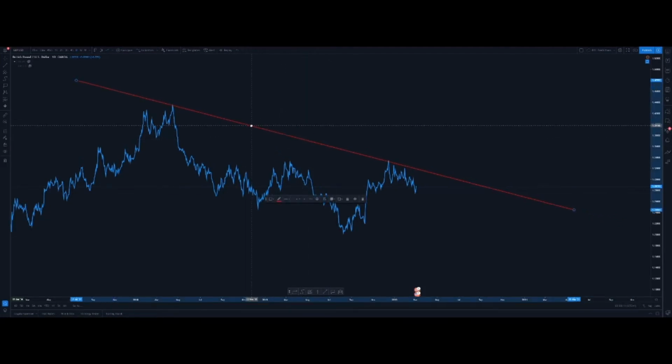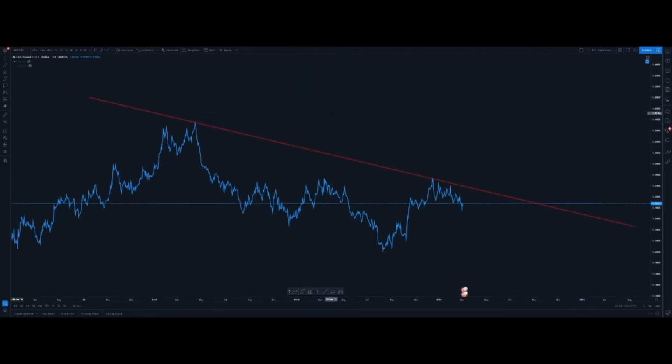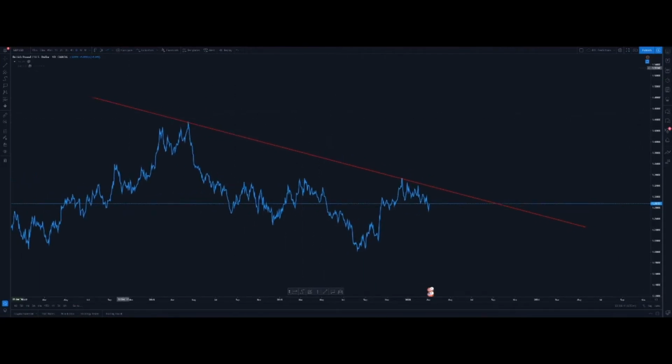And now the thing is, if we change back to regular candles, and if we connect the wicks instead, it's gonna look like that.